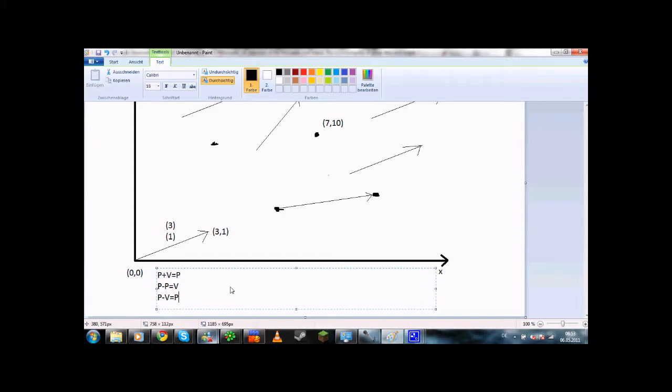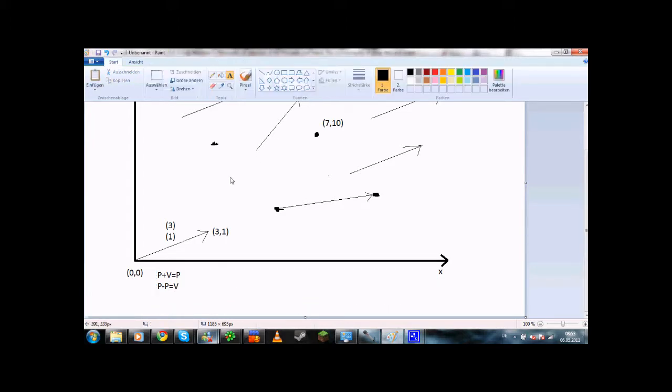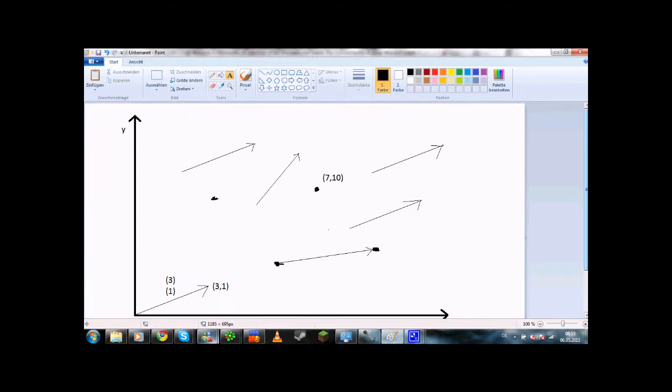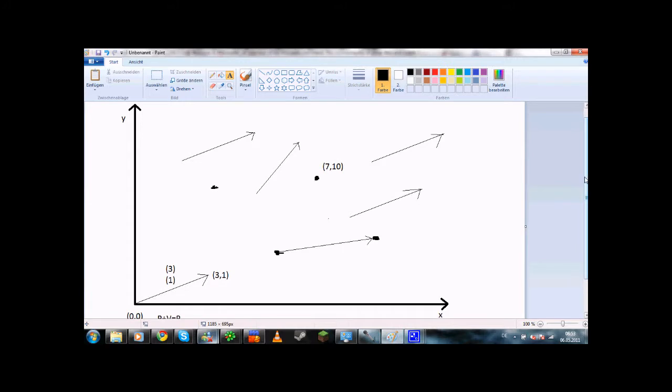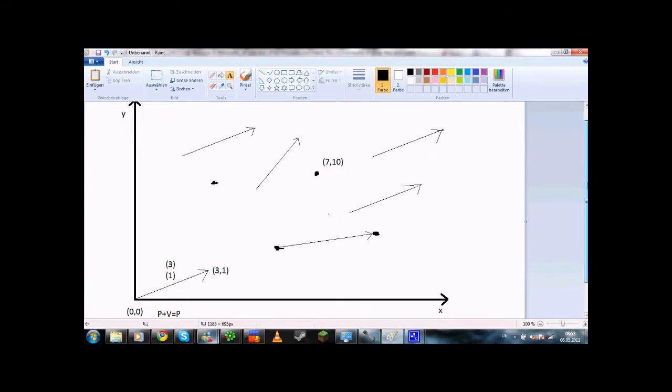And that's the simplest way I can think of to explain what the difference between a vector and a point is. And it might seem useless to you now, but you will see that if you keep this in mind, it will make a lot of stuff simpler for you.